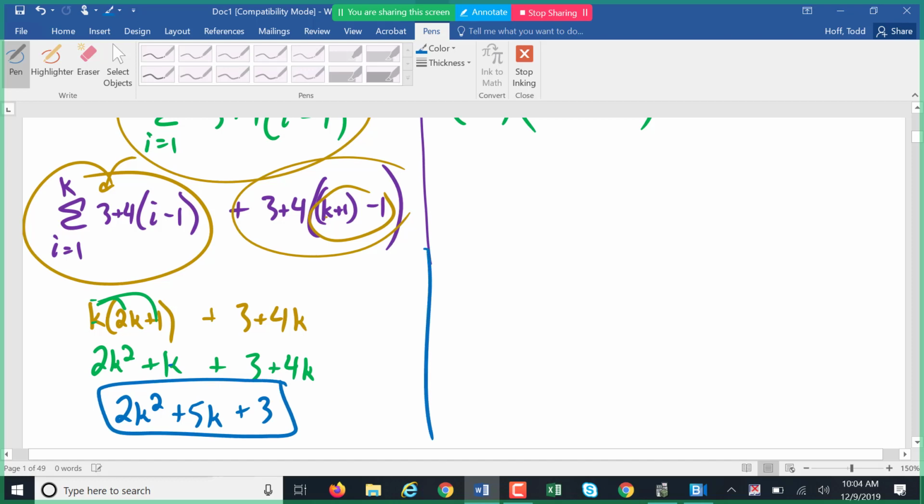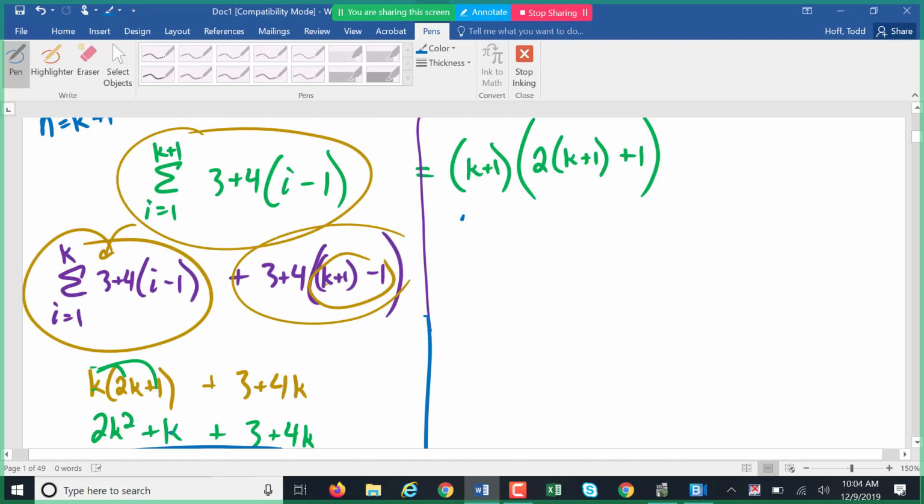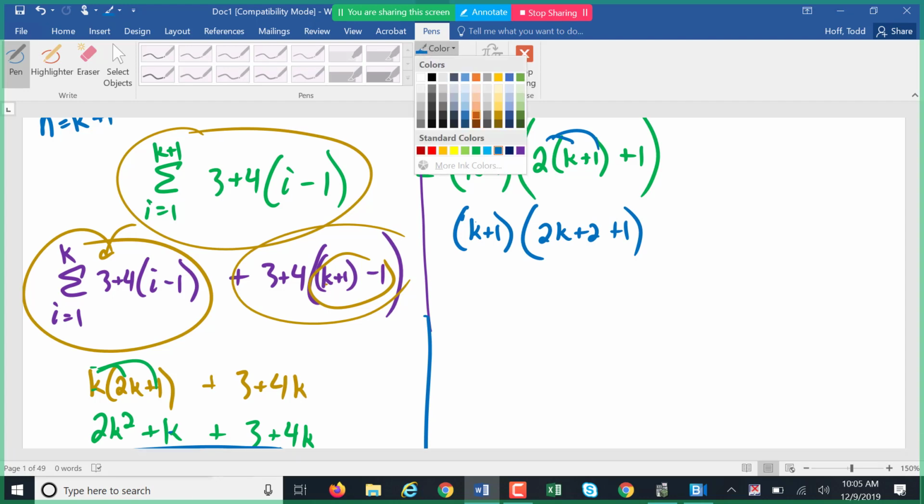Now I have to show that I come up with the same thing over on the right side, my summation when I combine it. So the k plus 1 I'm not going to do anything with for now here. But in here I'm going to distribute the 2. So 2 times k plus 1 is 2k plus 2, plus 1. I'm going to add that 1.